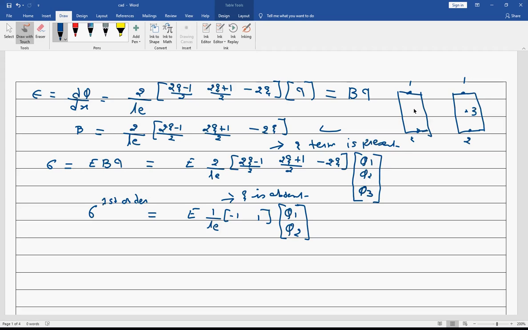So in case of first order element, the sigma does not depend on xi, or I could say coordinate.